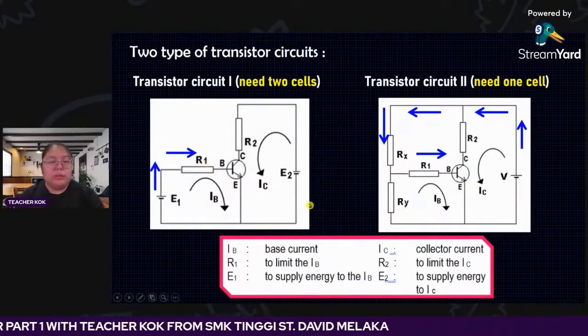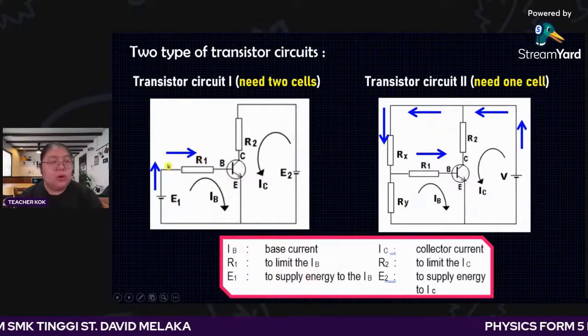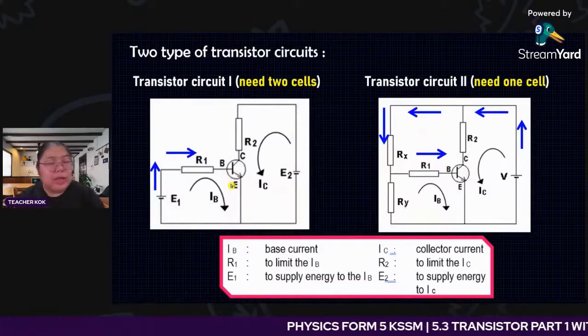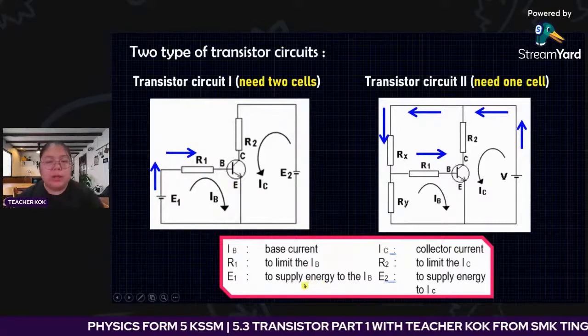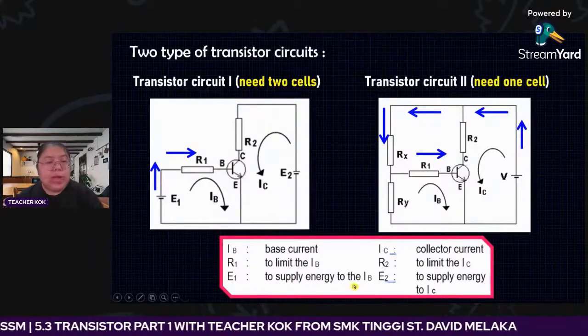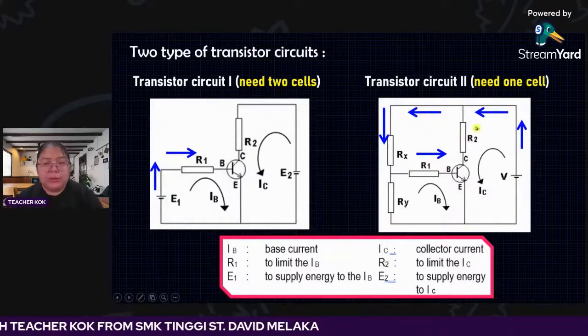So the important function of R1 is to limit the base current going through the transistor. They don't want the current too large, otherwise it will spoil the transistor. E1 supplies the energy for IB. Then IC, then we go to R2. R2, this part.